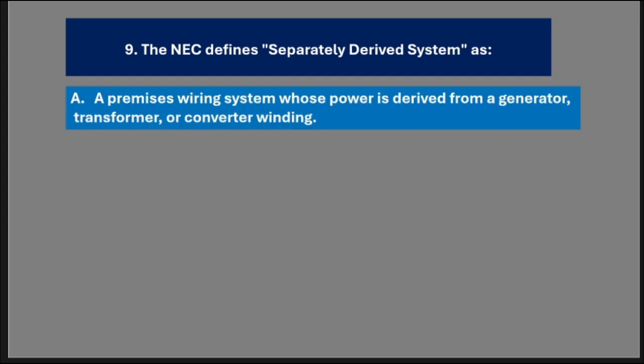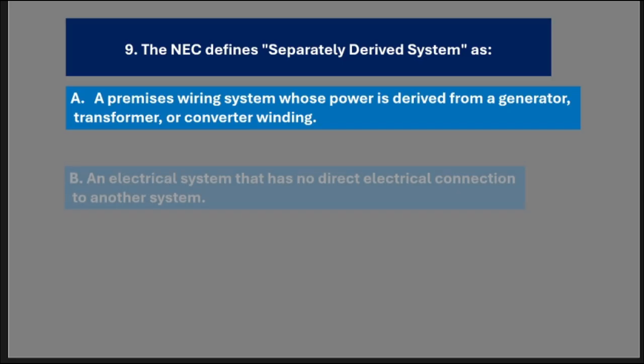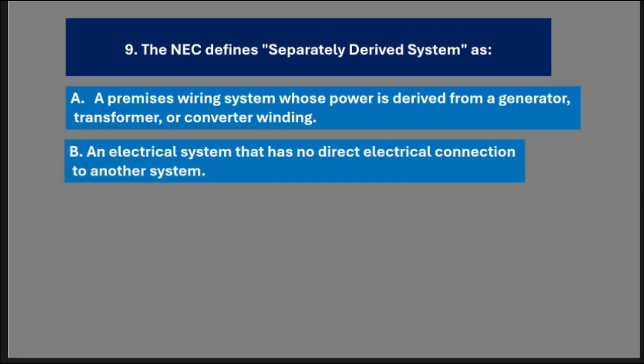Number 9. The National Electrical Code defines separately derived system as A. A premises wiring system whose power is derived from a generator, transformer, or converter winding. B. An electrical system that has no direct electrical connection to another system.